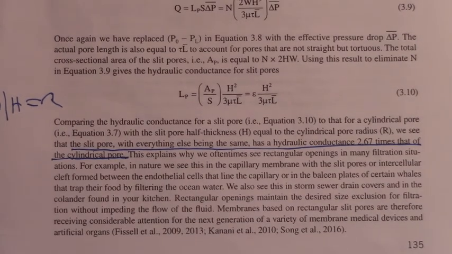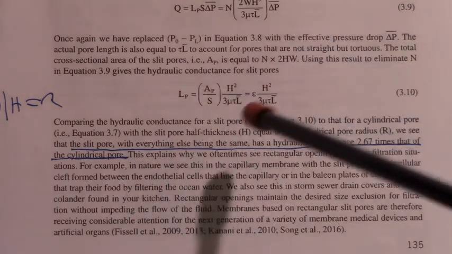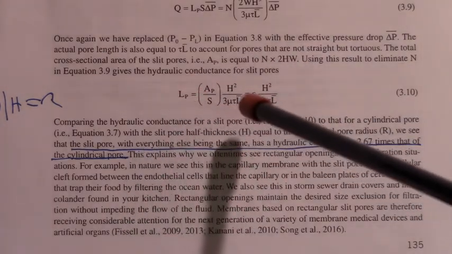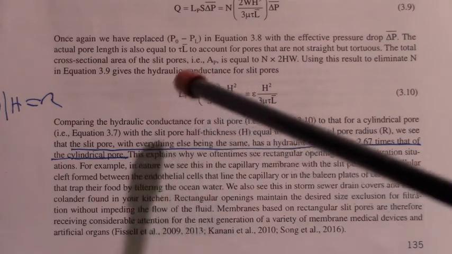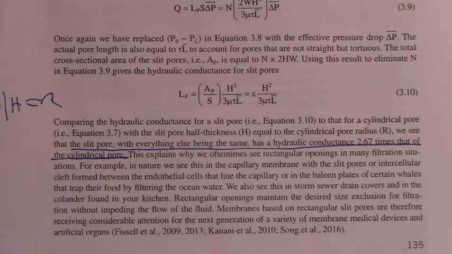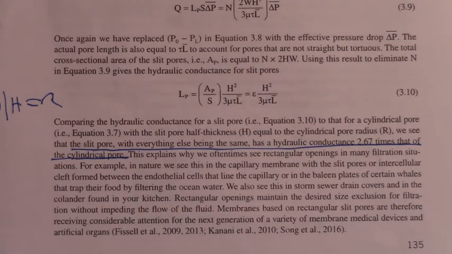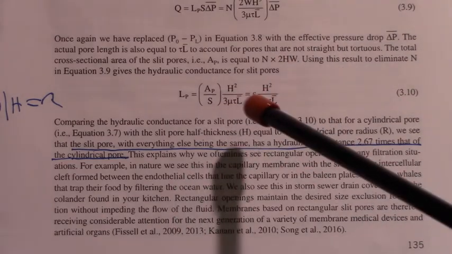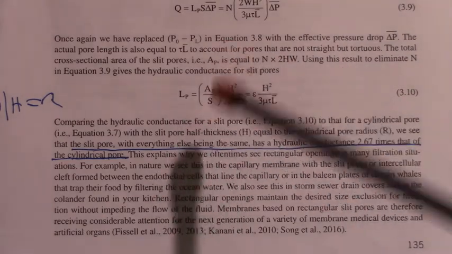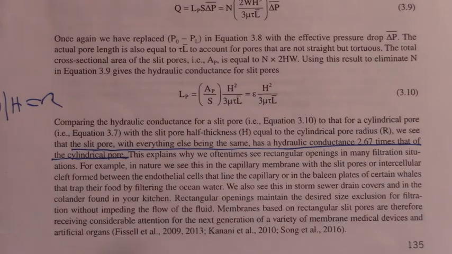Now we figured out how we can understand mathematically what's going on with that. And this equation makes sense too, because it tells us that if you make the fluid more viscous, that's going to decrease the hydraulic conductance, which is going to decrease the filtration flow. If you increase the thickness of the membrane, you get the same effect. If you increase the porosity, that increases the flow.